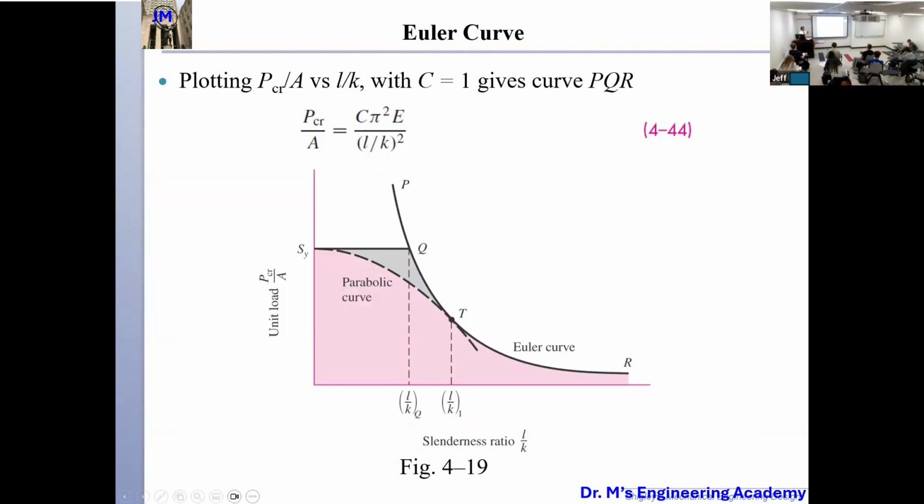So we plot this curve of P_cr over A versus L over k. L over k is the slenderness ratio, and for this case C equals 1. So this is the curve.